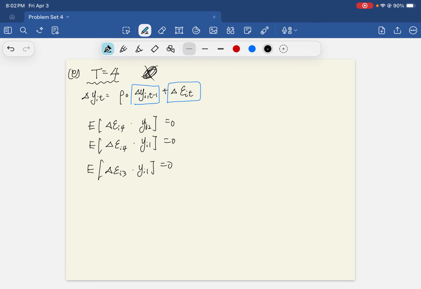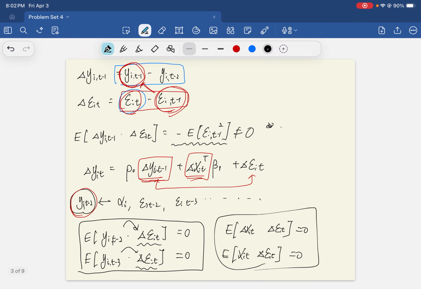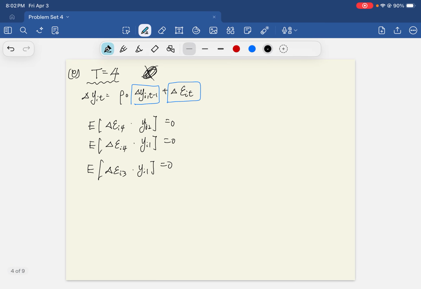Remember, we have to have at least 2 lags between epsilon and y, right? Delta epsilon and y should have at least 2 lags. So when T is 4, this is all we have.